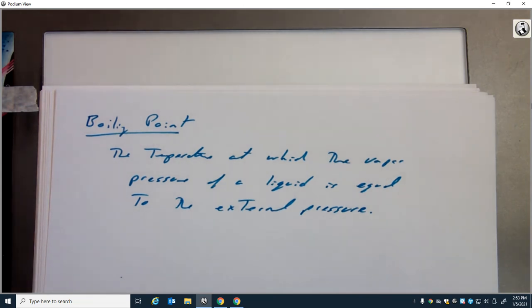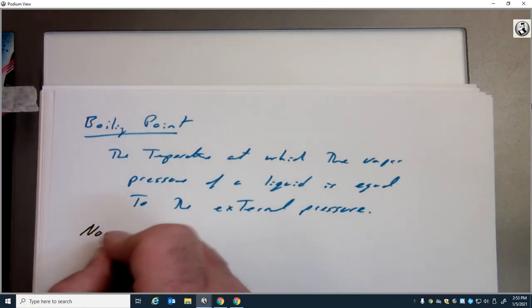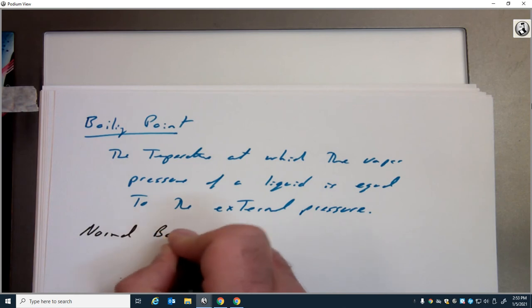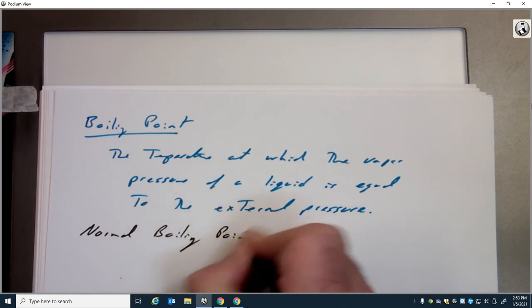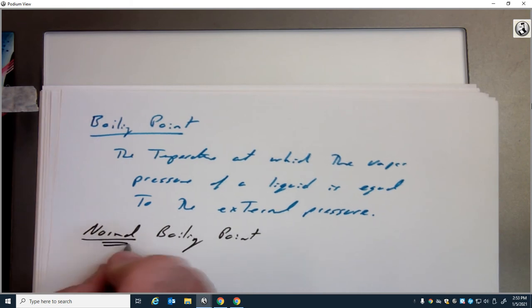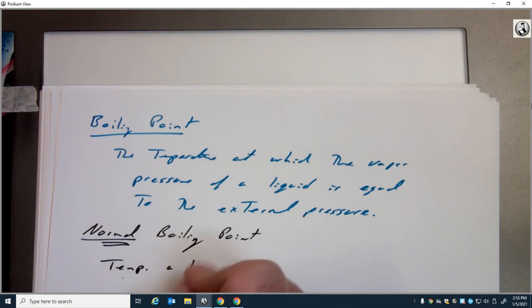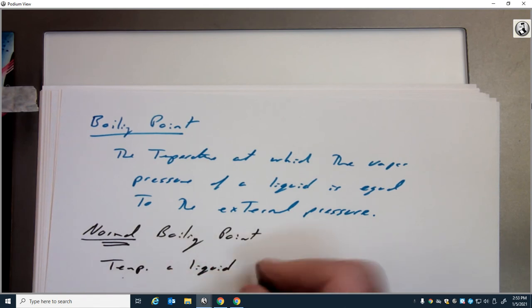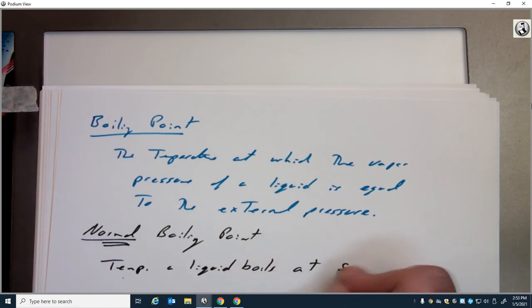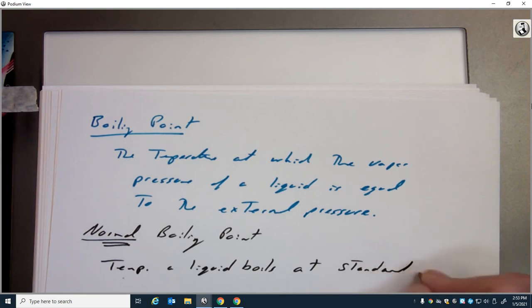So boiling point is really looking at external pressure and vapor pressure. Our normal boiling point is the temperature a liquid boils at standard pressure, or 1 atm.